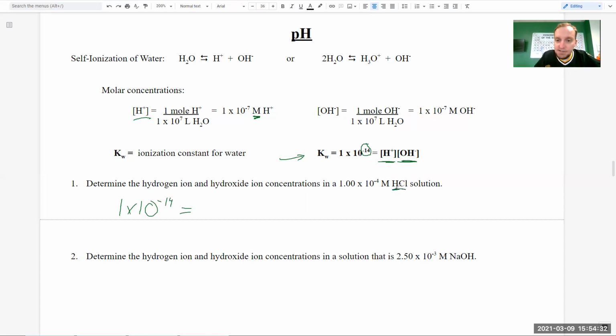Notice this is an acid, so this is my H plus, which would be 1.00 times 10 to the negative 4 molar HCl times my concentration of OH minus, which I don't have. Why don't I have it? Because again, what they gave us, this right here, is for the acid, the HCl. Again, remember, H in the front means an acid. Therefore, what we don't know is our hydroxide. So that's what we're going to solve for first.